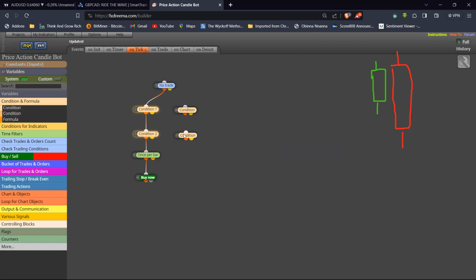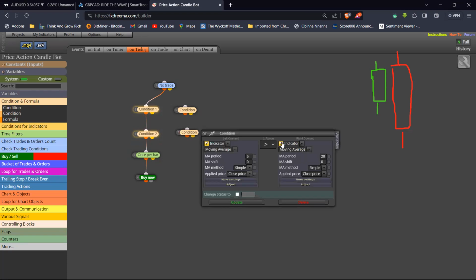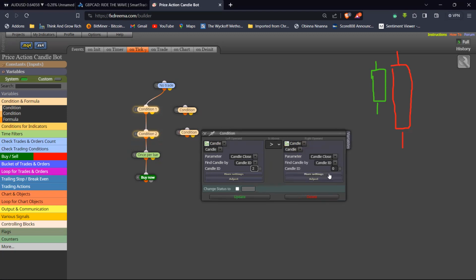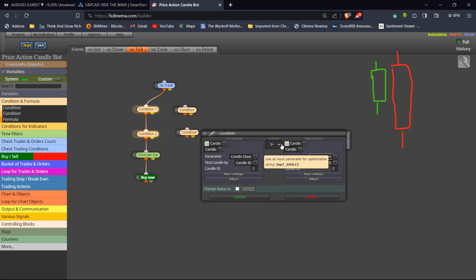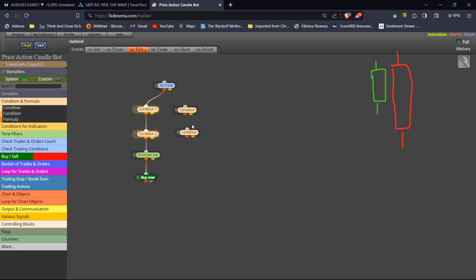And then the second condition would be if candle ID2 is a bullish candle. And how do we know a bullish candle? A bullish candle is a candle where the close is higher than the open. So we'll double click here, select candle, and check that candle ID2's close is greater than candle ID2's open. If candle ID2's close is greater than its open, that makes candle ID2 a bullish candle.